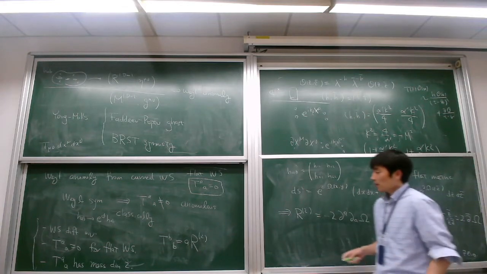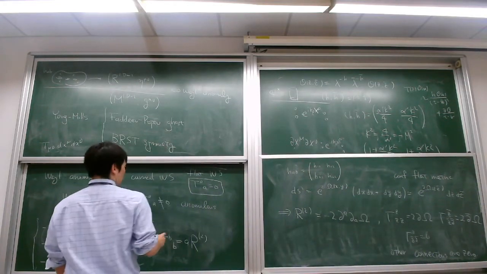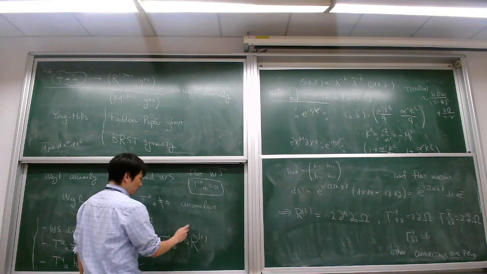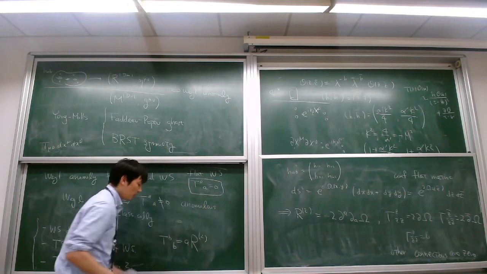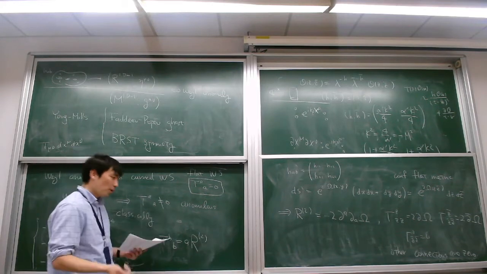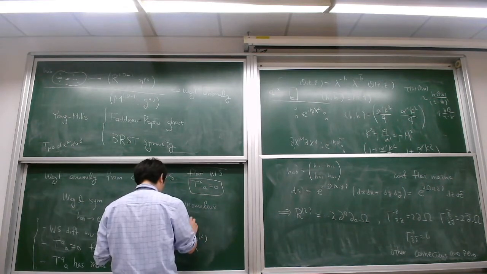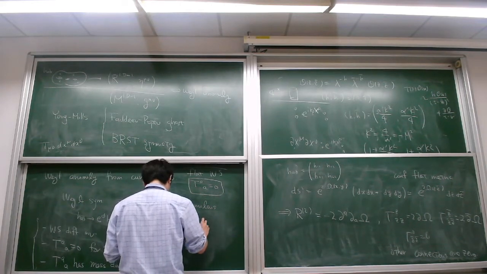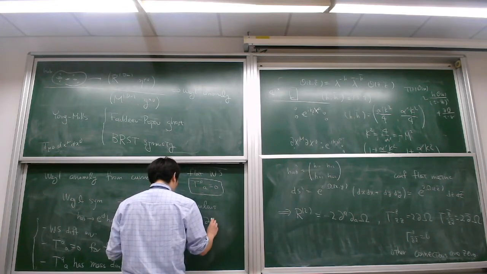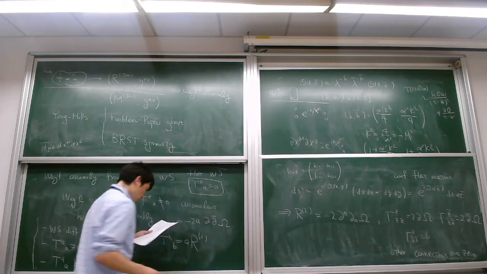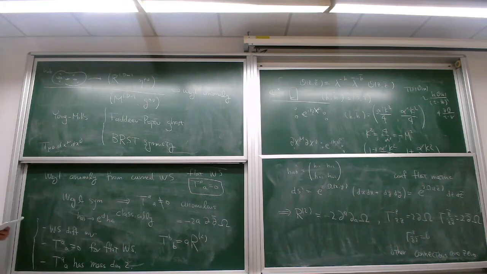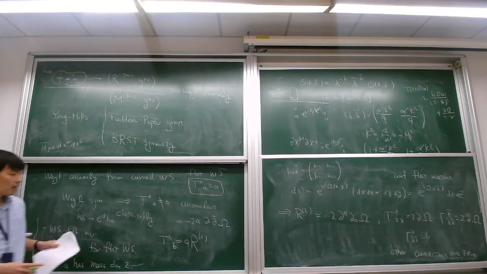So what we want to show is that the trace of the stress energy momentum tensor is just -2 times some constant times the Laplacian of omega. Oh, I'm sorry. I think I made a mistake.